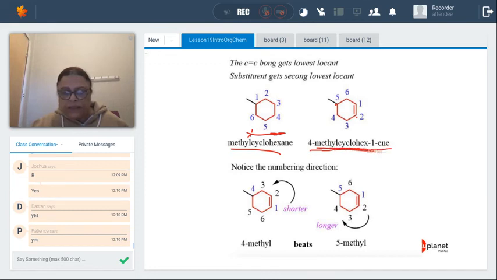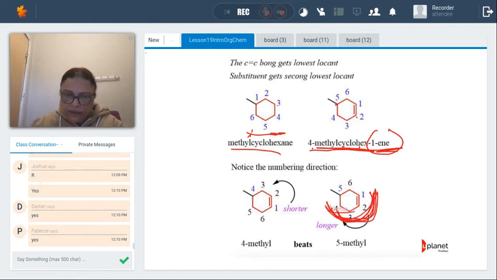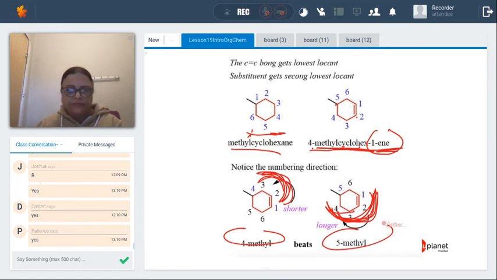4-methylcyclohexene, or the synonym methylcyclohex-1-ene. So you can choose how to call it. So if you go this way, it is wrong. If you go this way, it is right, because 4-methyl beats 5-methyl.